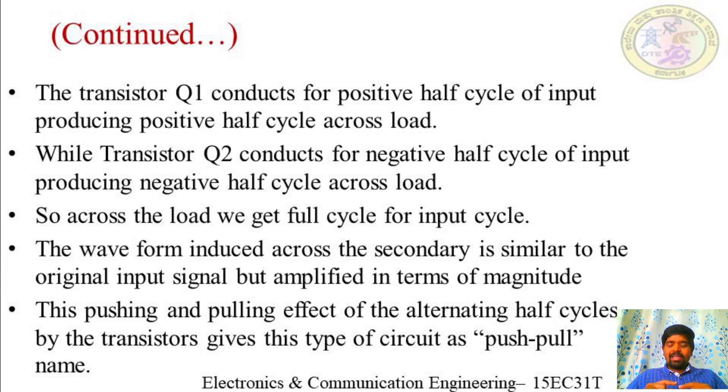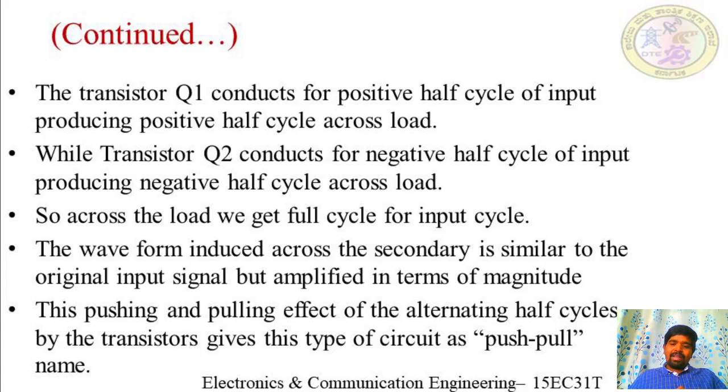Whereas exactly the thing will be reversed during the negative half cycle. Transistor Q2 will conduct and Q1 will be in the off condition. That means Q2 is pushed into conduction mode and Q1 is pulled out of the conduction mode. So one thing we can summarize from these two points: during the positive half cycle one transistor will conduct and the other will be off.